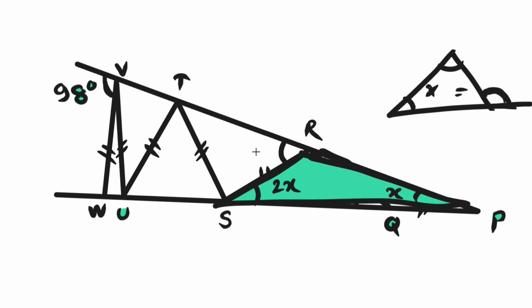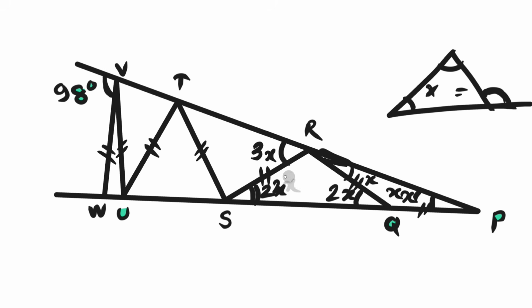Therefore, the exterior angle at S is 3x. Notice what is happening here. We started with x, then the equal sides allowed us to transfer that angle, and the exterior angle theorem added another x. That is why the angle has increased from 2x to 3x.